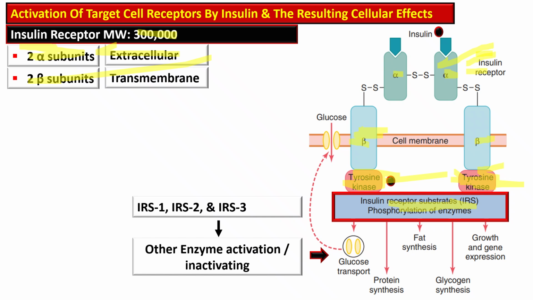So, this receptor activation will lead to various effects in the cell. There is a promotion of glucose uptake and glycogen synthesis. Then there is enhanced fat synthesis and storage, and also reduced lipolysis.